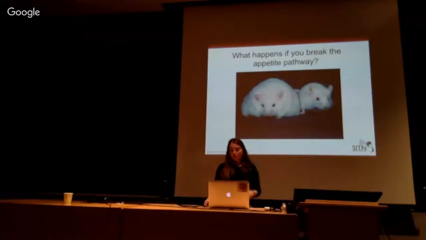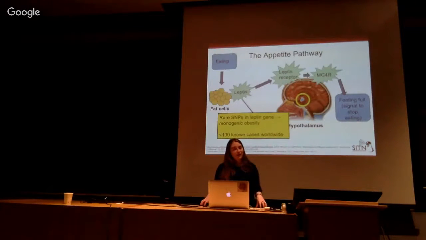So they looked into it, and as some of you may have guessed, it turns out that that mouse had a SNP in the leptin gene. And so that mouse was severely obese because it did not have this hormone that's supposed to start this signaling that's supposed to say, hey, we've eaten and it's time to stop.